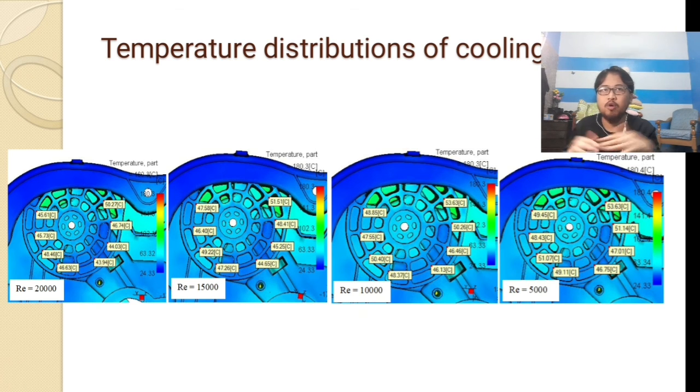All the pictures below show the level of mold temperature and the distribution of the coolant flow rate.